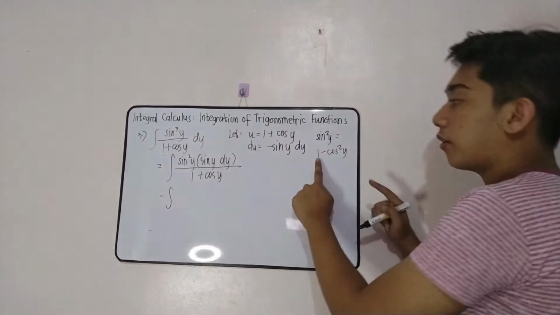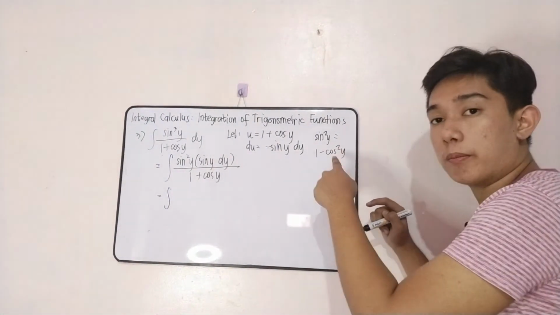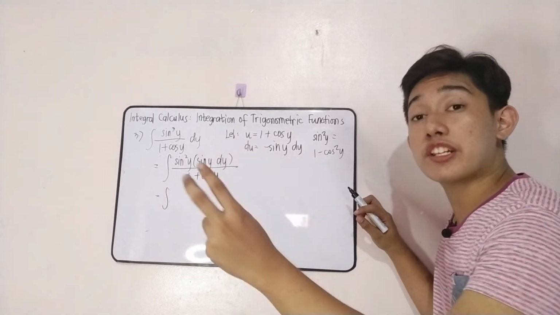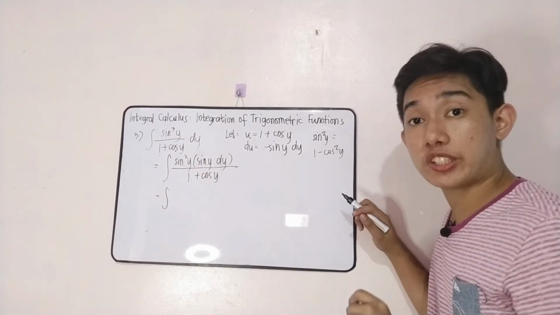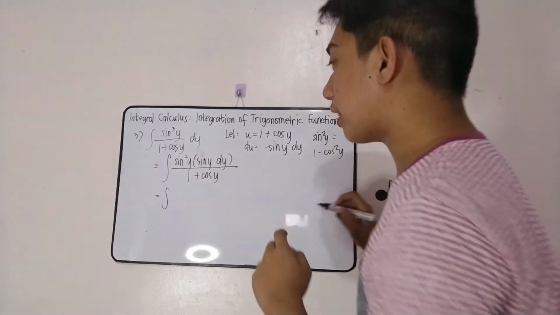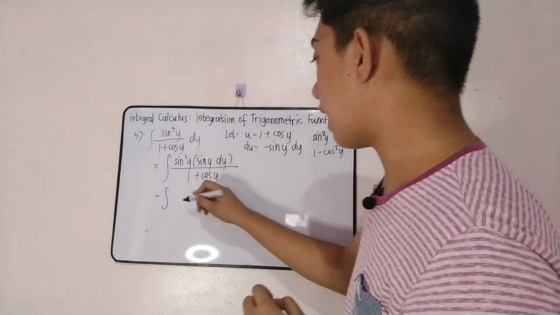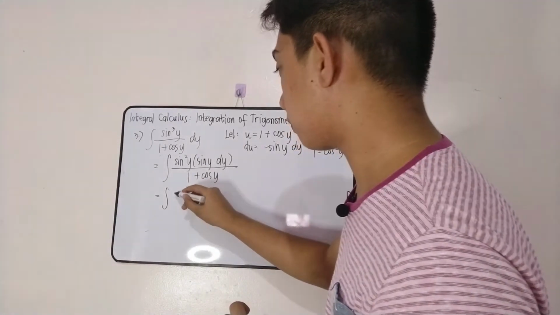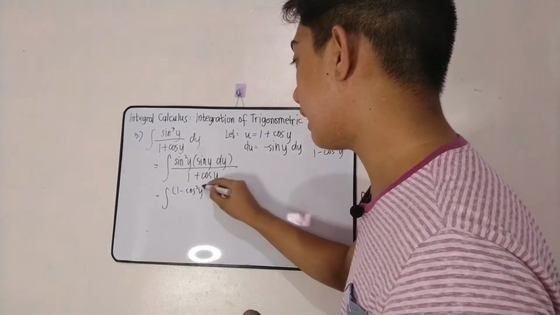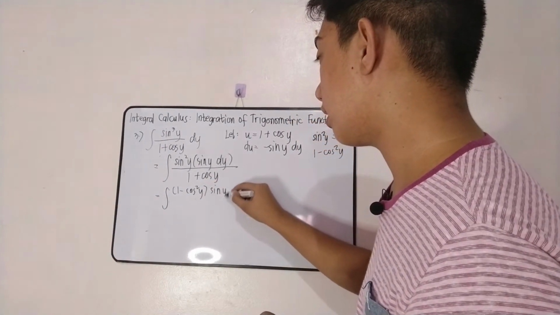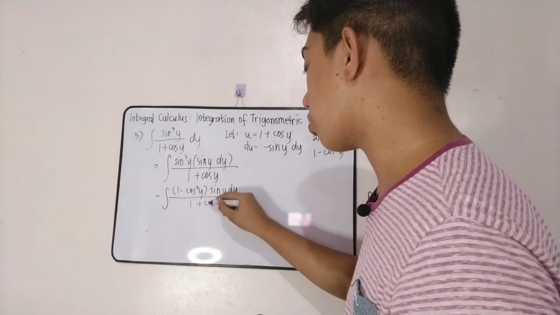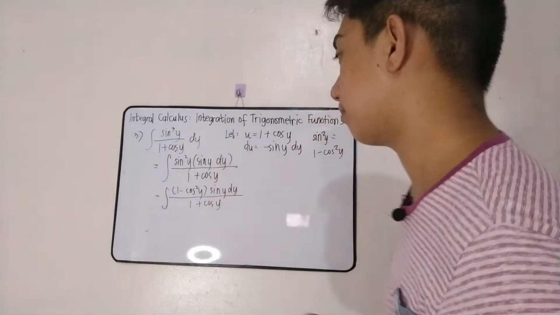And remember, when you look at this form, para siyang a difference of two squares, so we can factor it out. So, this becomes 1 minus cosine squared y, sine y dy over 1 plus cosine y.